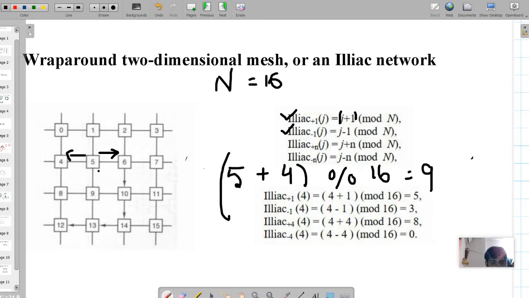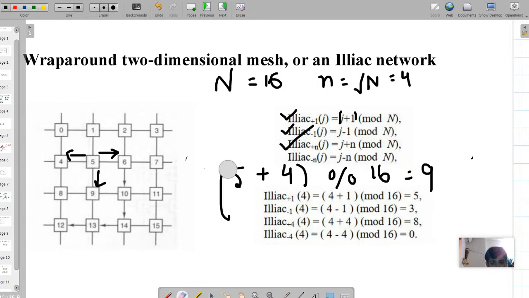So you can see that processor 5 can directly communicate with processor 9. One thing which I have not mentioned yet is small n. It is basically the square root of big N, which in our case is 4. So you have arrived at this conclusion by following this formula.